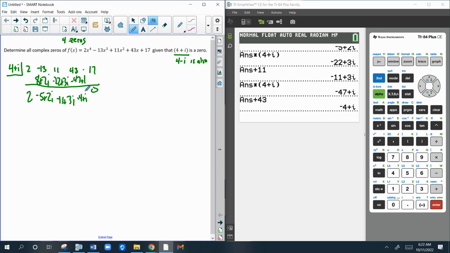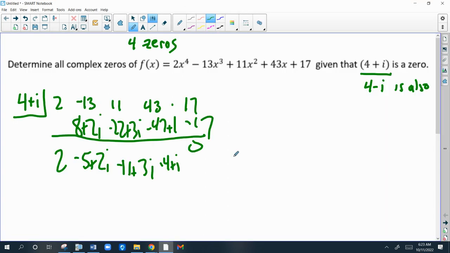And then multiply that answer by 4 plus i again. And I get, hopefully, negative 17, and I do, so we're good. So that's how you would do it on the calculator.